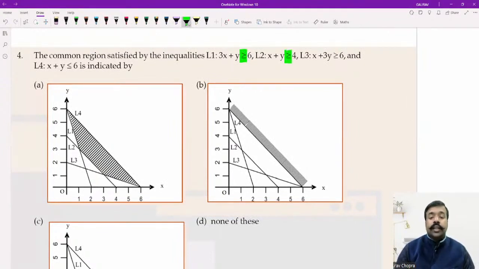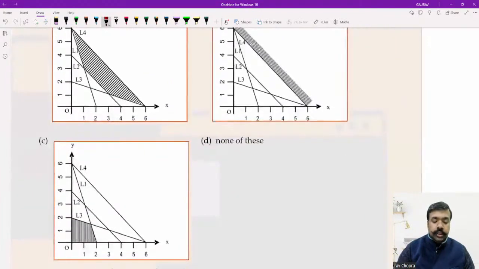Second one is also greater than. Third one is also greater than. And fourth one is less than. So since these three are having greater than, so these three will have mark outside. And the fourth one is having less than sign, so it will move inside. So three outside and one inside.